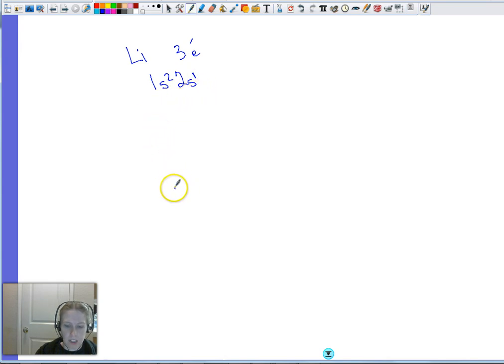And let's take a look at where this electron is going to be located. So we have a principal quantum number that is going to be level 2. So it's going to be 2. The type of orbital it is, that would be our second quantum number. An s orbital has a value of 0.